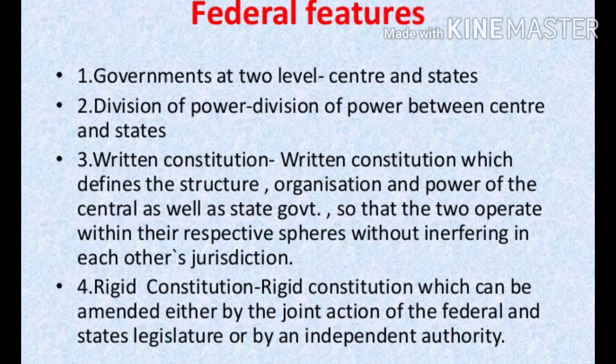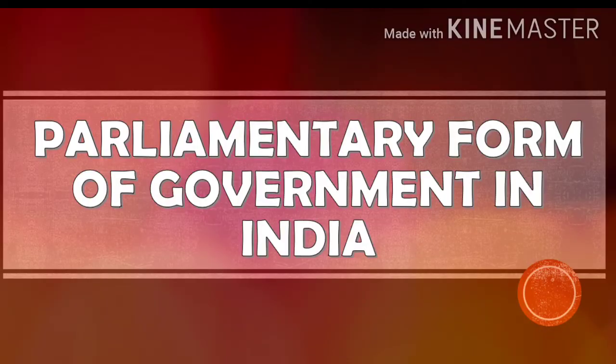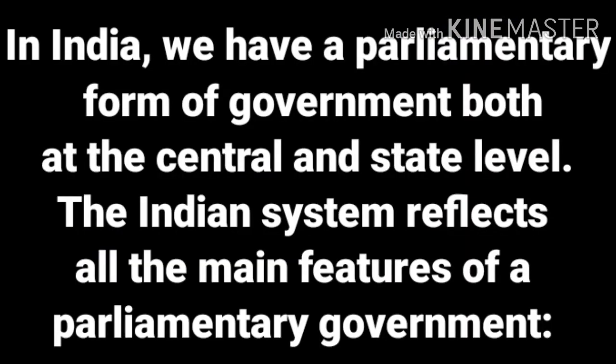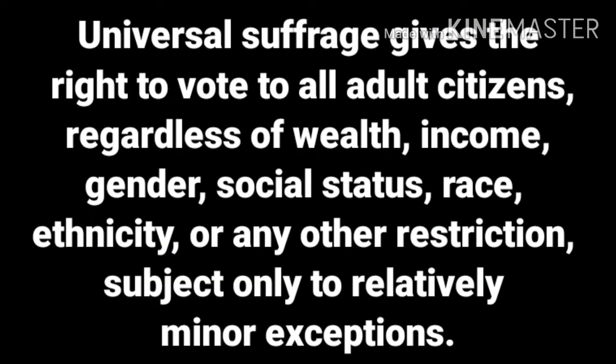But how can the government be formed? So let's see our next topic, the parliamentary form of government. Students, as you know, the Constitution of India guarantees universal adult suffrage for all citizens, meaning the right to vote. This means people have a direct role in electing their representatives.